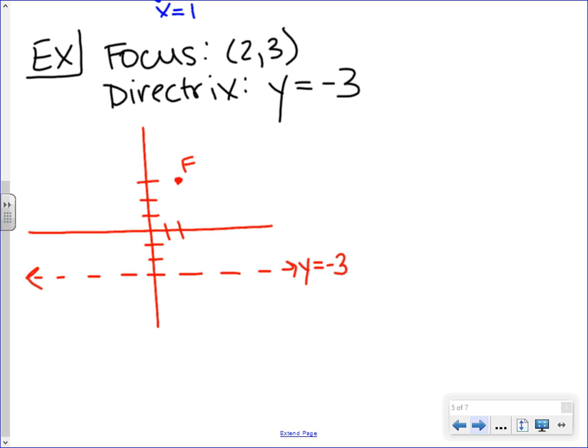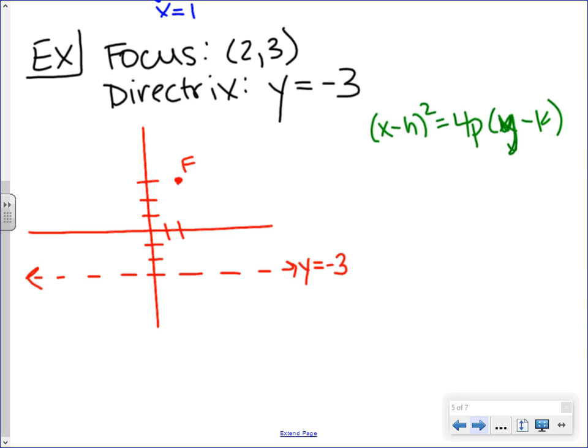Up. Okay. Where the focus is from the directrix, that's going to tell you where we open. Since it opens up, we know we're working with x minus h, the quantity squared, equals 4p times y minus k. Okay? Right now, we don't know anything to put there because we don't know where our vertex is.